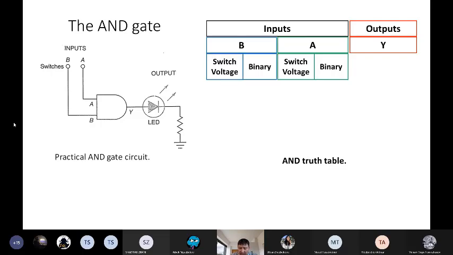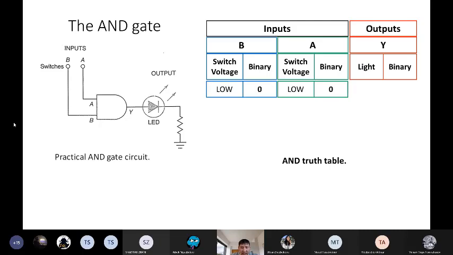It's the same with B. What can be our output? Our output is light, lighting or not, or binary 1 or 0. When A is 0 and B is also 0, the LED will not light, so the binary output will be 0.